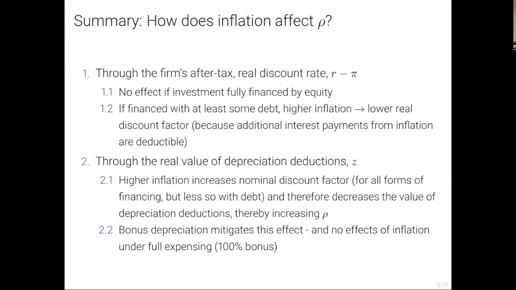And so there's no effect on the cost of capital in that case through that first channel. The second channel does affect investments financed by both debt and equity, lowering the value of depreciation deductions in either case. But bonus depreciation would mitigate this effect because more of the investment can be deducted immediately.